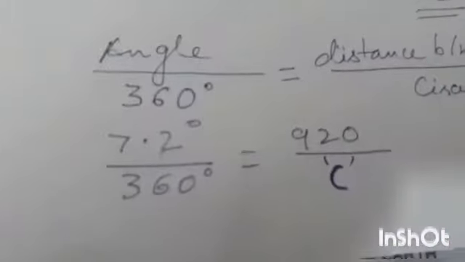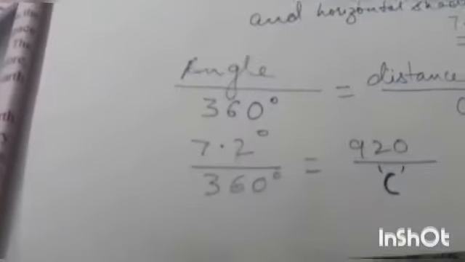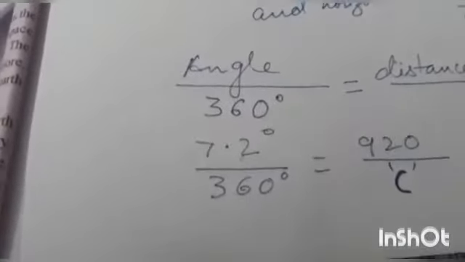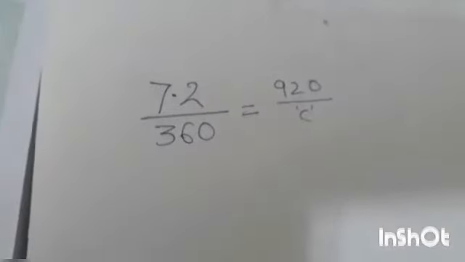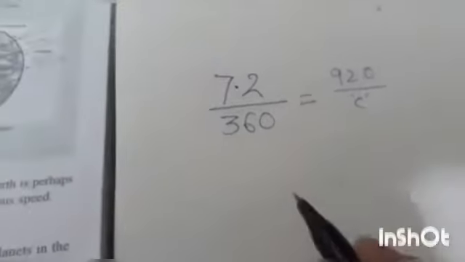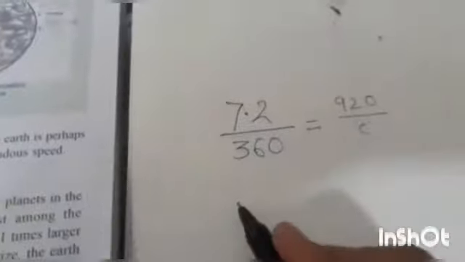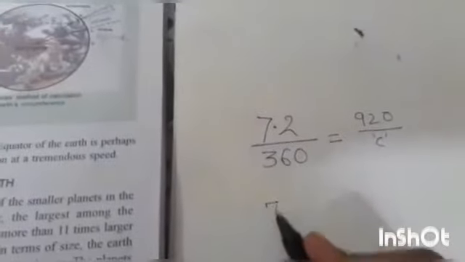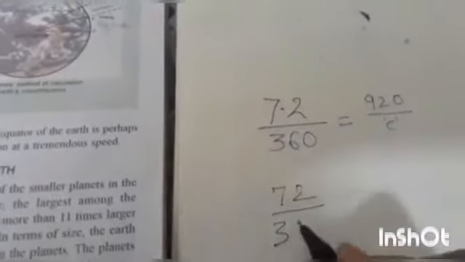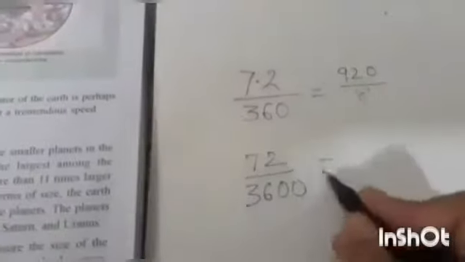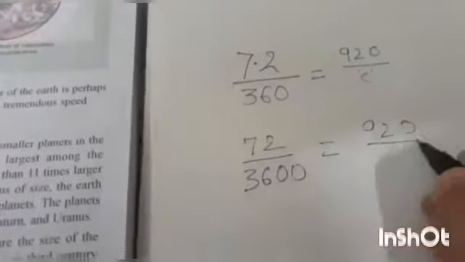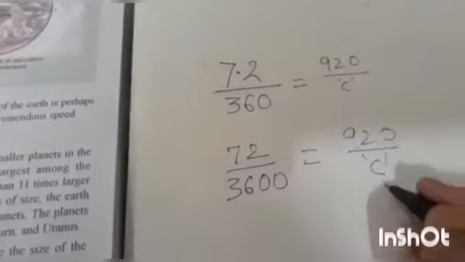Now you just calculate it. If we remove this decimal in 7.2, children, you also calculate with me. Just remove this decimal: 72 upon 3600 equals 920 upon C, the circumference of the Earth.